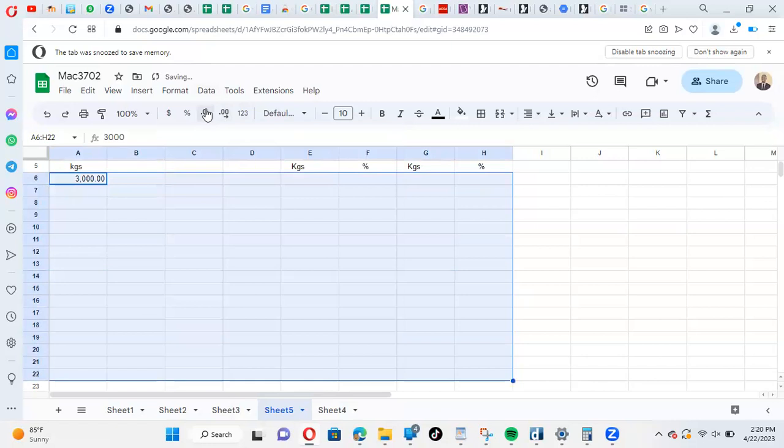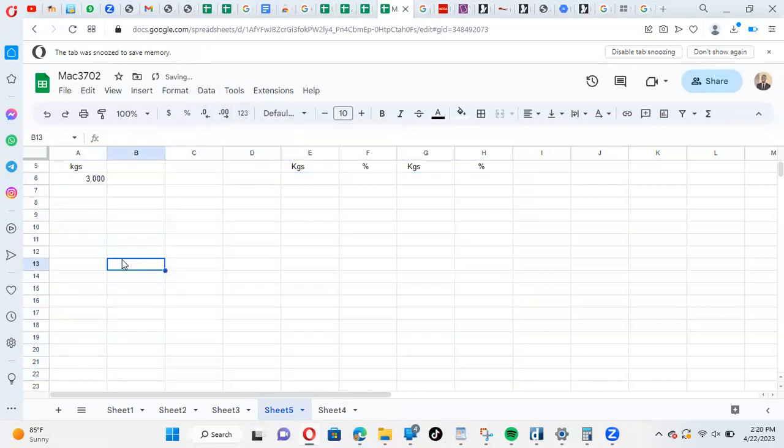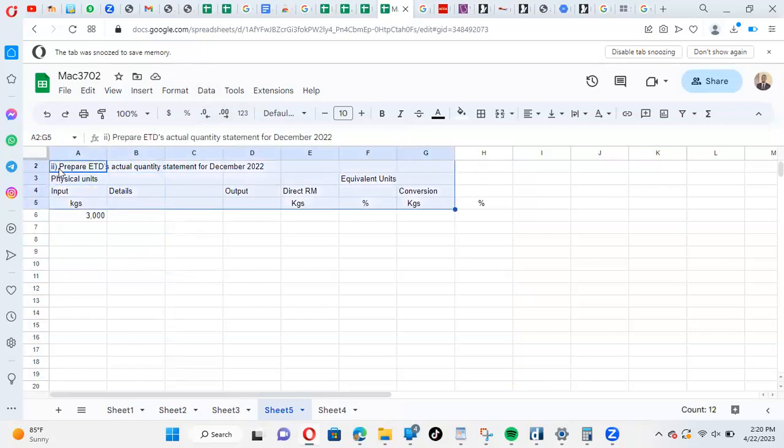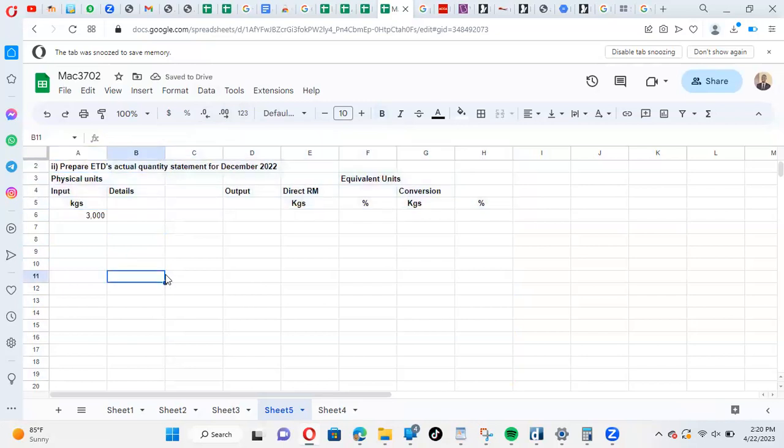Right, so this is what we've done. Let's just take it out like that. 3,000. I hope this is looking good for everyone so far. Right, let's make this bold. Perfect. So at the beginning of the period, this is what we have.